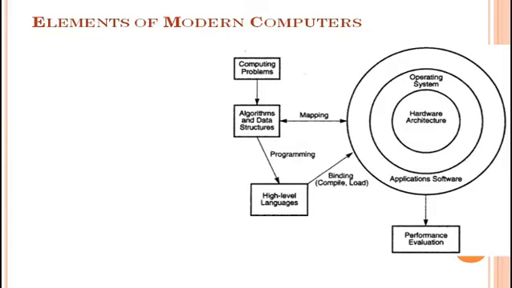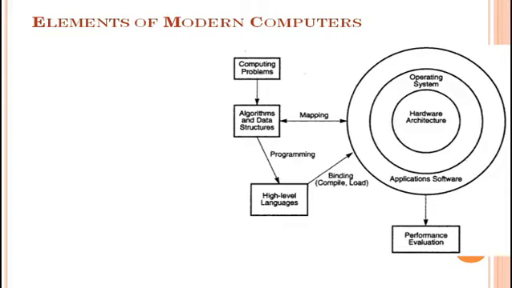Then after designing the algorithm and the data structures, we are going to write the programs using high level languages, binding with the hardware architectures. Then using system software like a compiler, loader, linker, we are going to convert the high level language into the object code, which is machine understandable code. And finally, the evaluation of the application software is done here.